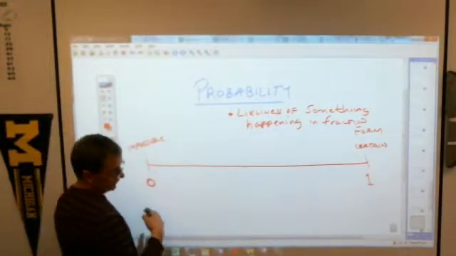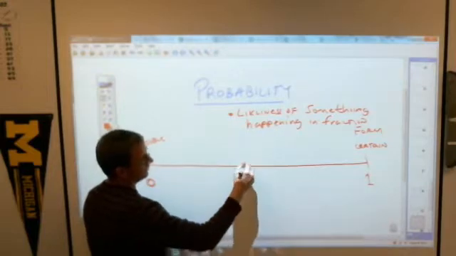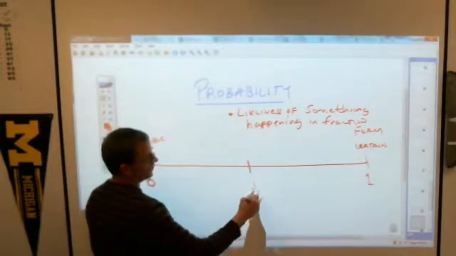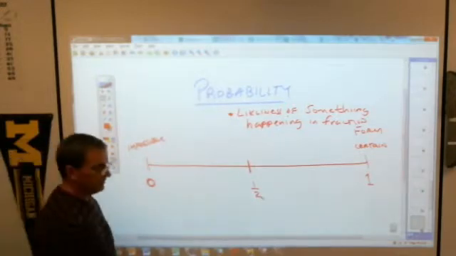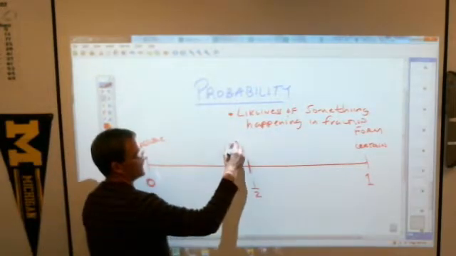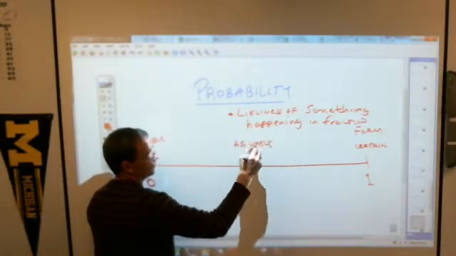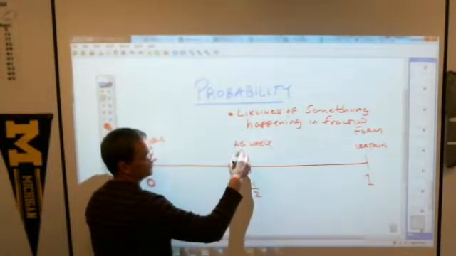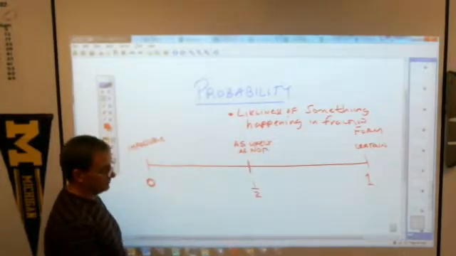And then, if 0 and 1 are my extreme low and my extreme high, then halfway through, which is a fraction of 1/2, means that it's like 50-50. It's as likely as not to happen. You would hope that flipping a coin would be a 50-50 thing.